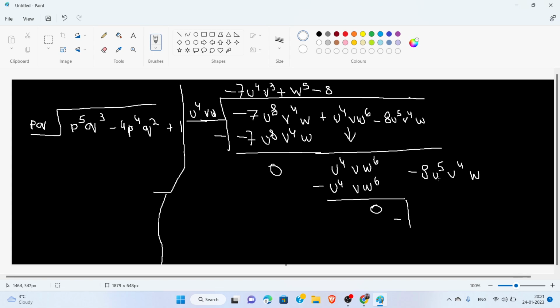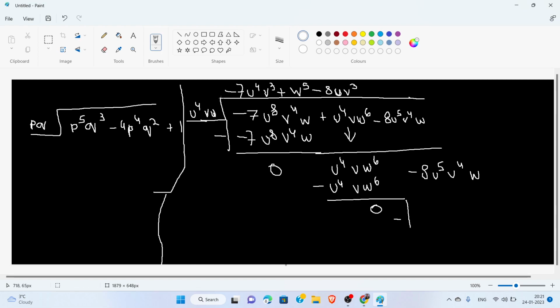Anyway, let's continue. So I have to multiply u, so I can get u to the power 5, right? So I'll just write u, and then I need to multiply v cubed, so I get v to the power 4, right? I know these look similar, I'll just change them actually. And then w is as it is on both sides.